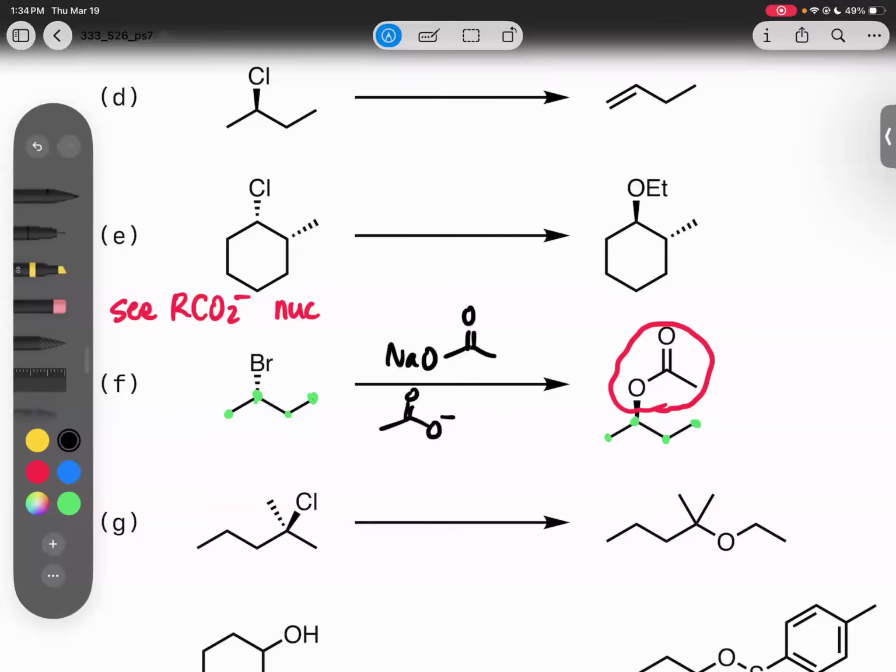If you don't include the charge and you don't include the counter ion, that's wrong. Okay, so that would not be a correct answer. And bromine just went away, or we wouldn't. Correct, and that would be another side product out there, which you wouldn't need to draw in this case.